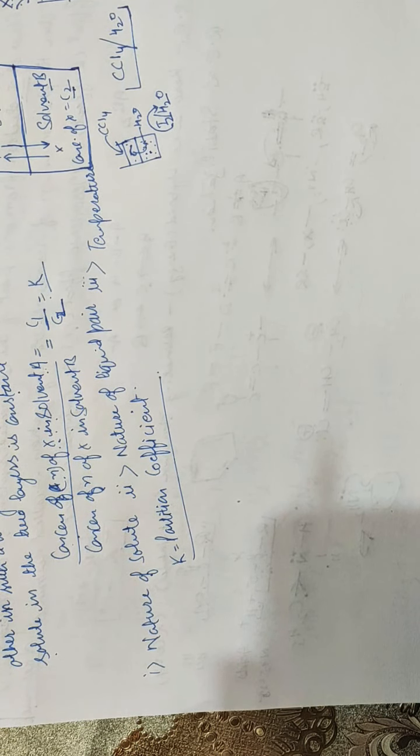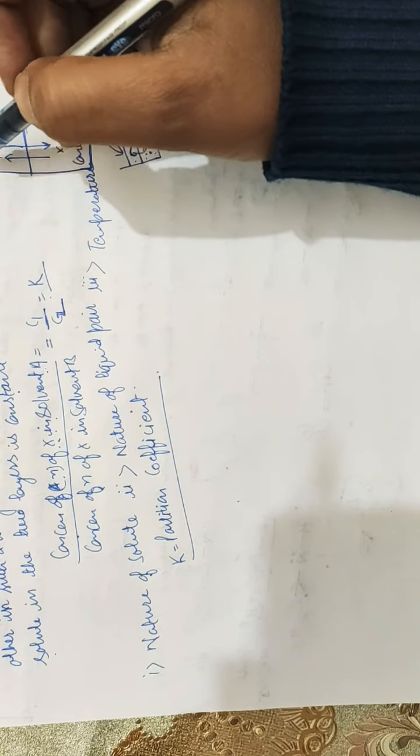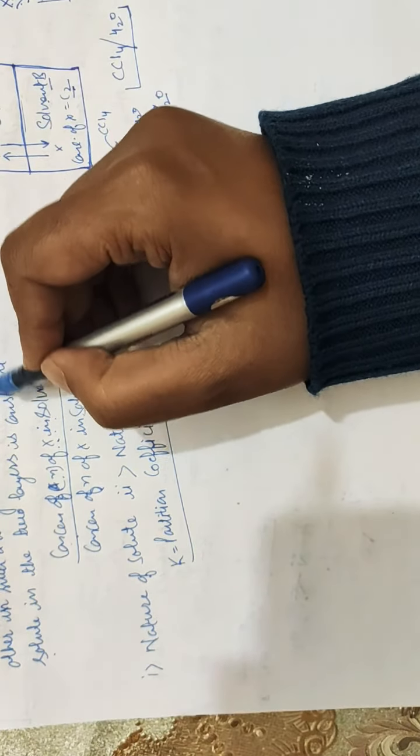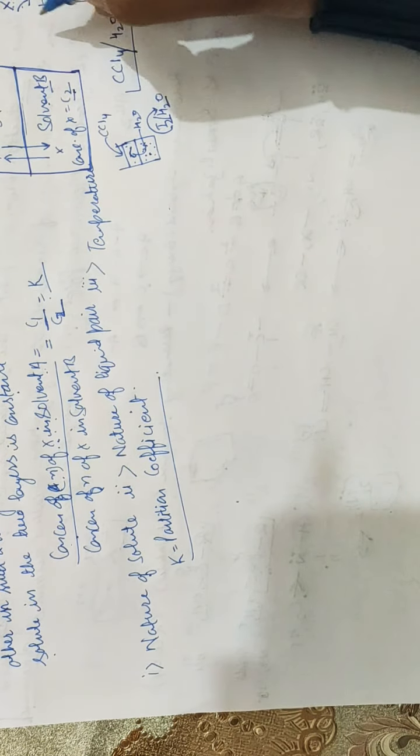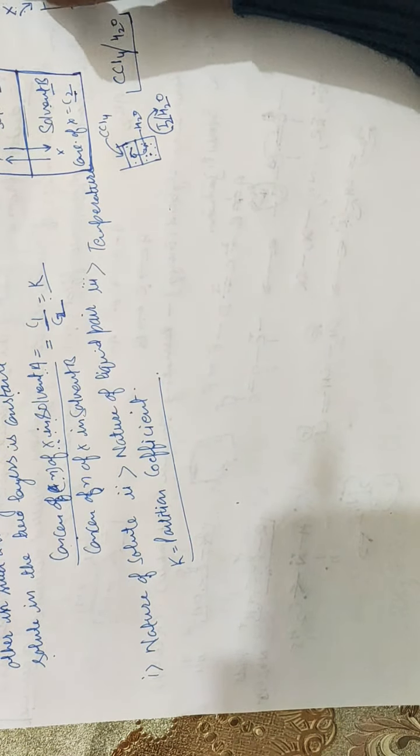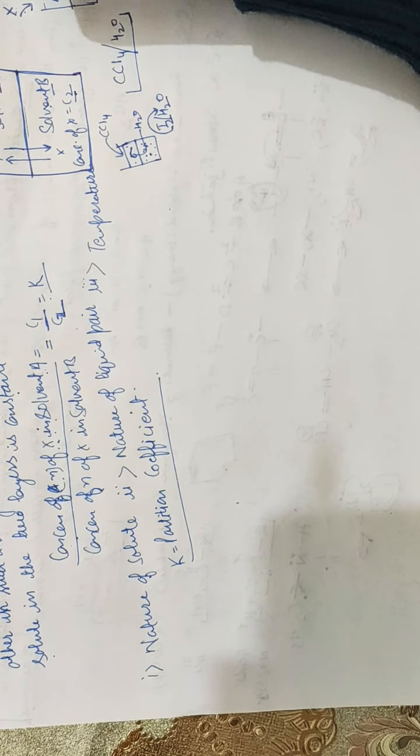The last factor which affects the partition coefficient is temperature. The solubility of a solute in a particular solvent changes with temperature. As the temperature is changed, the solubility of the solute in a given liquid pair also changes. You must know from the equilibrium constant, I had already taught you equilibrium, and I always tell you that the equilibrium constant K depends upon the temperature.